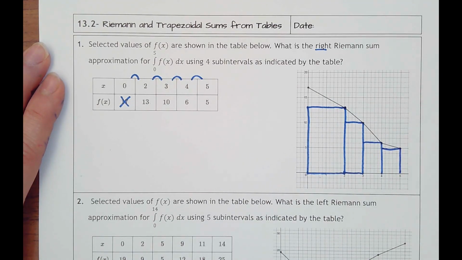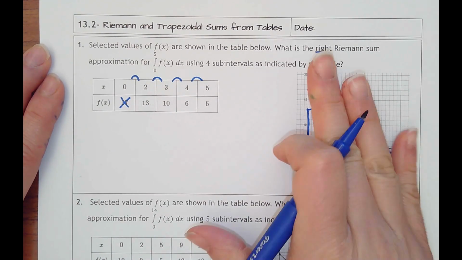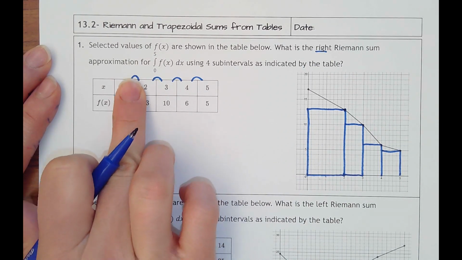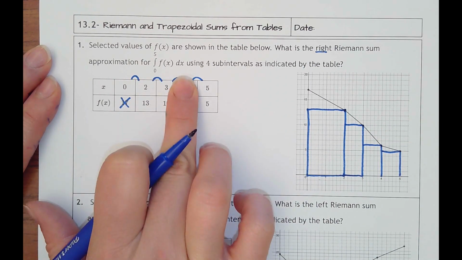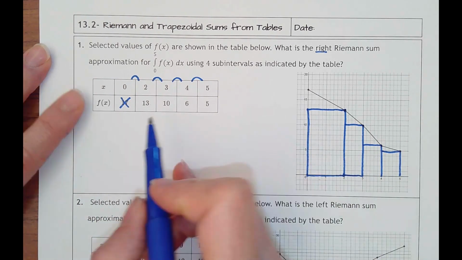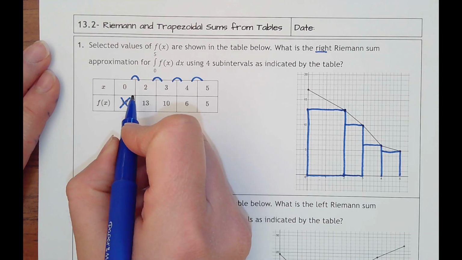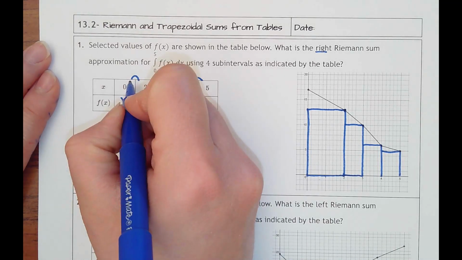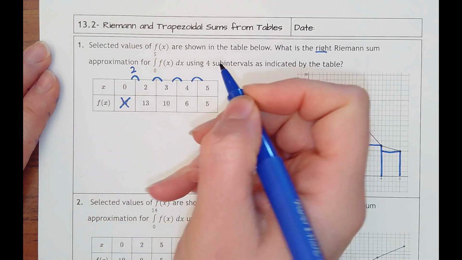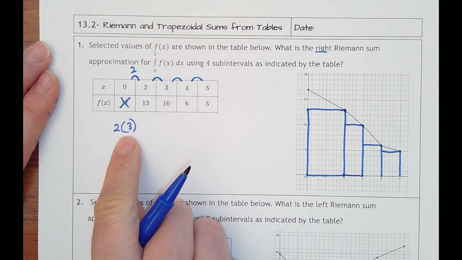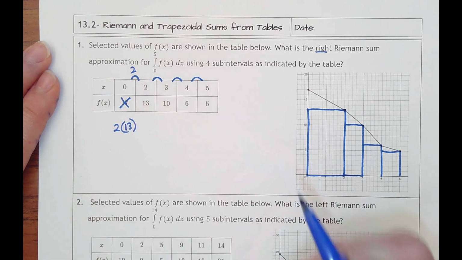Without the visual, I would first think, okay, right-hand sum: here's one subinterval, here's 2, here's 3, here's 4. I'm not going to use the left-hand one. So my width is the difference from 0 to 2, a width of 2. Then my height would be f of 2, which is 13, not 3.